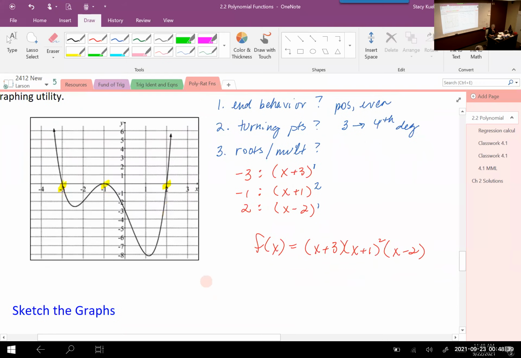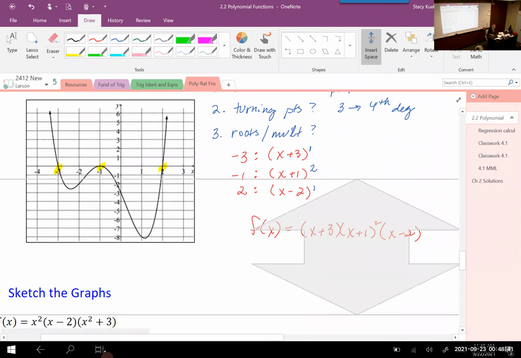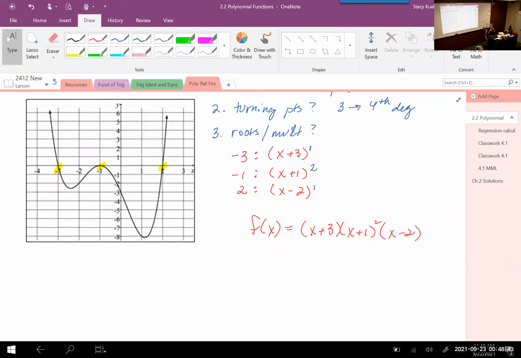But I can actually make this equation a little bit more concise if I can find the actual equation. I'm missing, remember that leading coefficient? We're going to call it A.